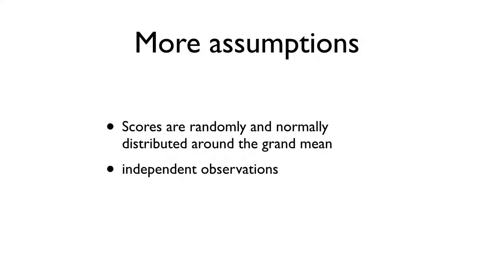The observations are independent. Okay? All that means is that Sean's score does not depend on Chris's score. If I know Sean's score, it doesn't tell me anything about Chris's score. Vice versa. And we can take care of that using design. This cannot be violated.